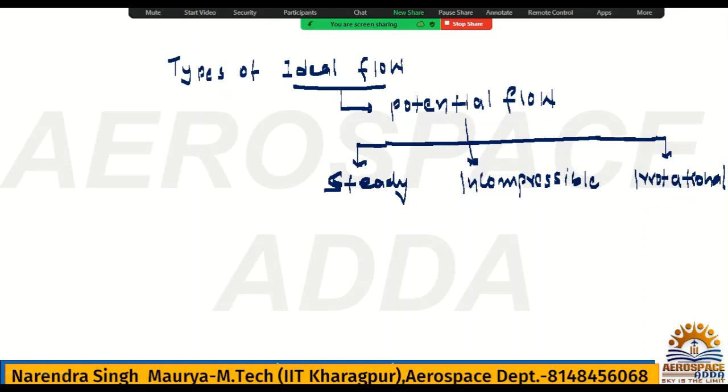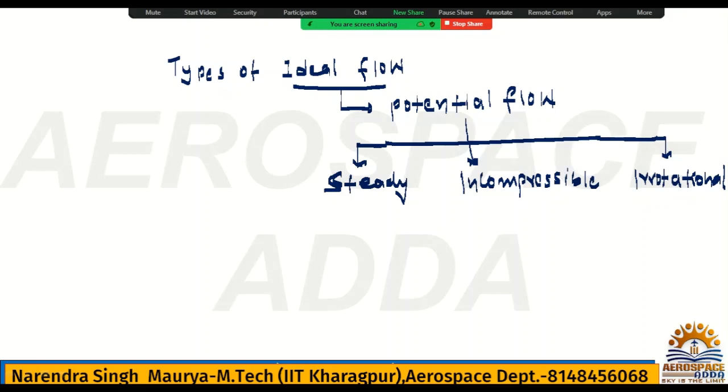flow. And in ideal flow, you have heard during your graduation BTech the types of ideal flow, like uniform flow, parallel to x-axis, parallel to y-axis, then source flow, sink flow, and vortex flow.